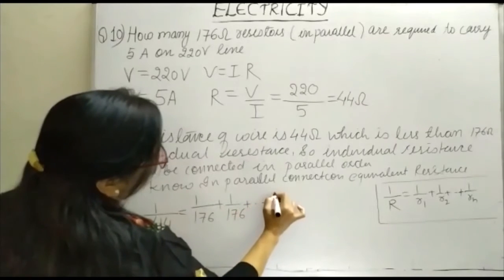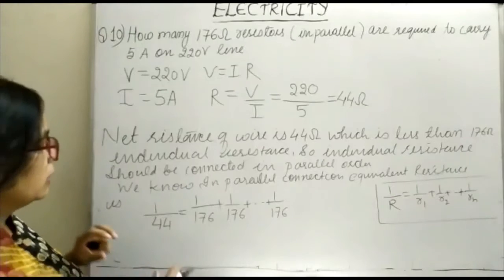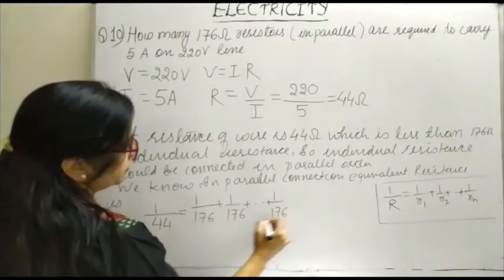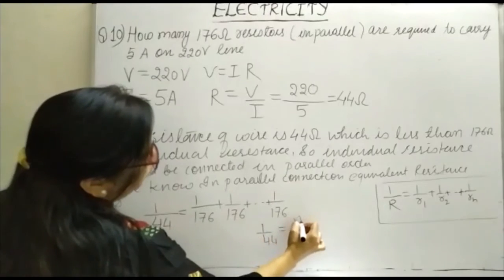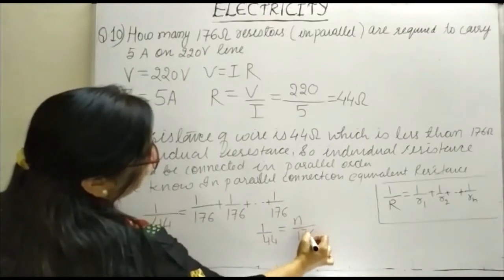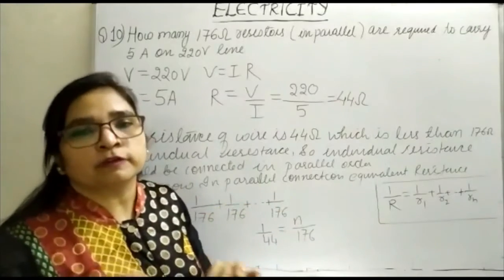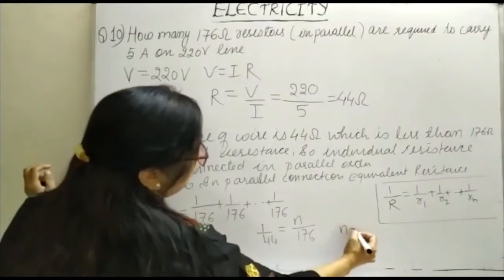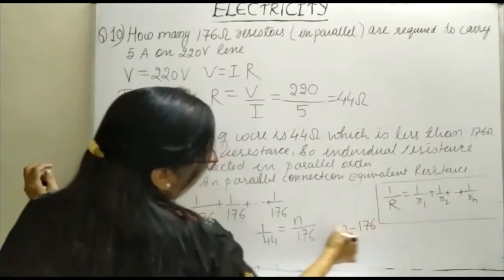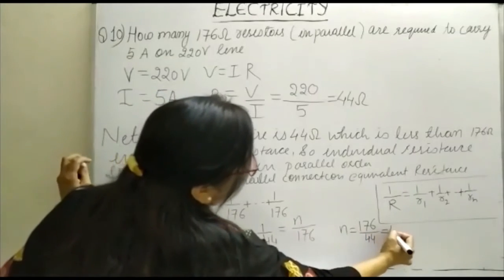In this way we have taken n. How many have we taken? n. So this becomes 1 upon 44 is equal to n upon 176. If you add 1 n times, it will be n into 1, that is n. From here n is equal to 176 upon 44, which will give you 4.